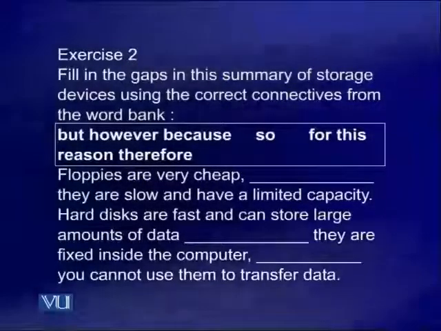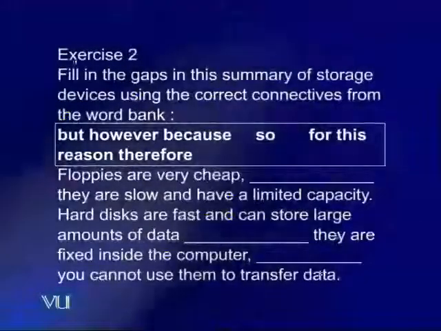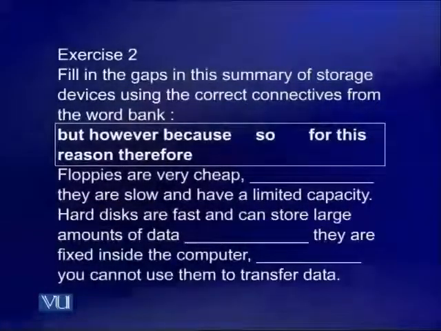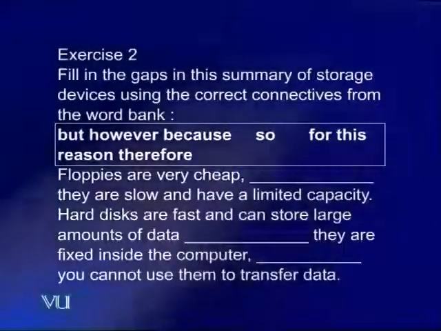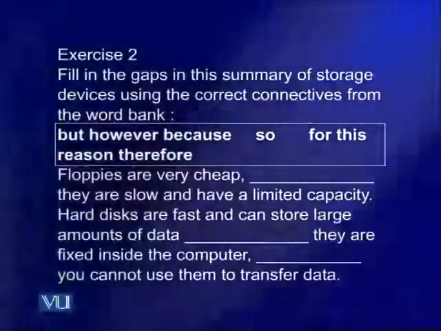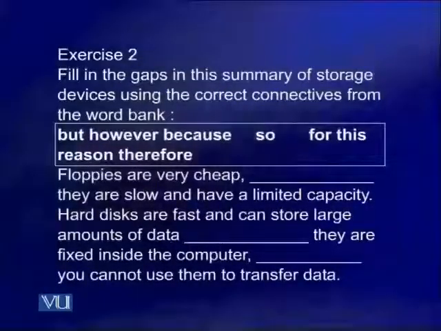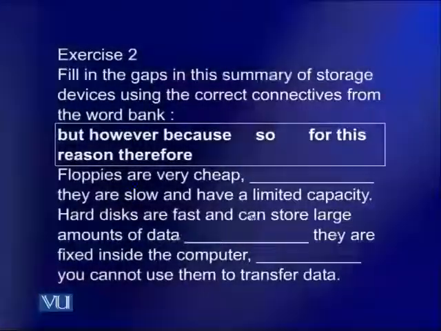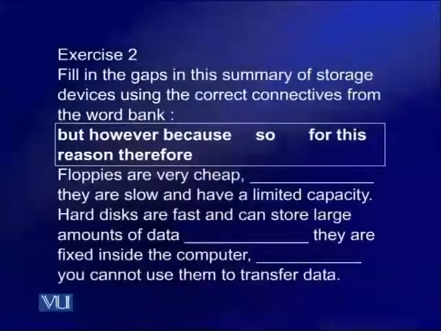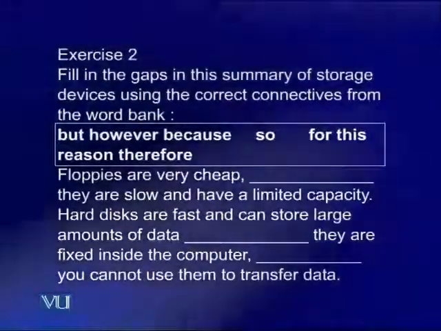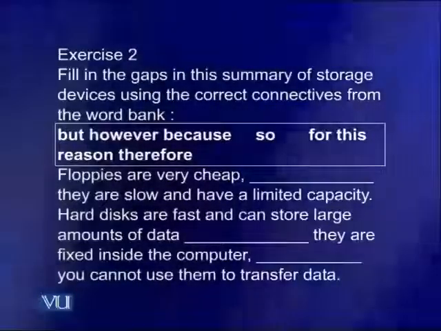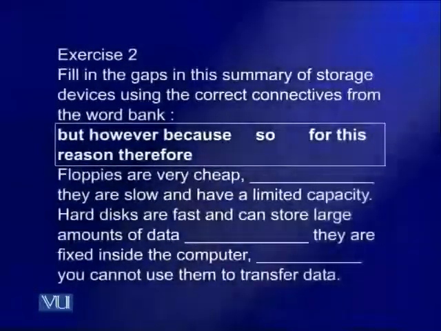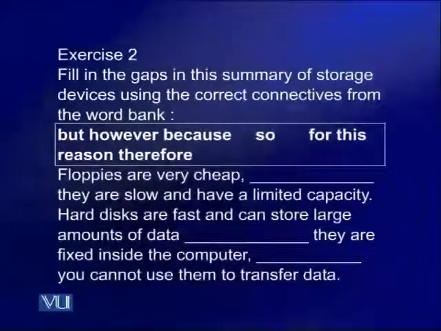Floppies are very cheap. Dash, the gap. You have to fill in this gap. I shall use the word dash. Floppies are very cheap. Dash. They are slow and have a limited capacity. Now, out of those 5 or 6 words in the word bank, you have to choose the right one.